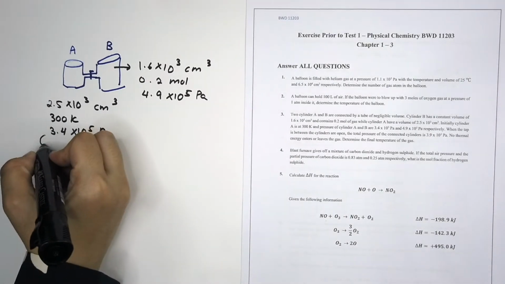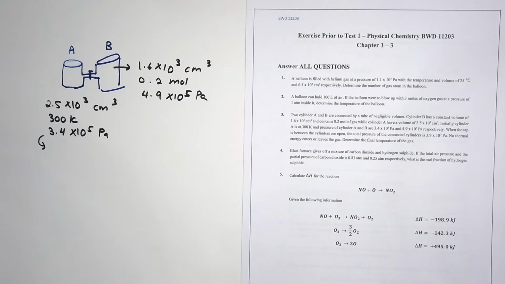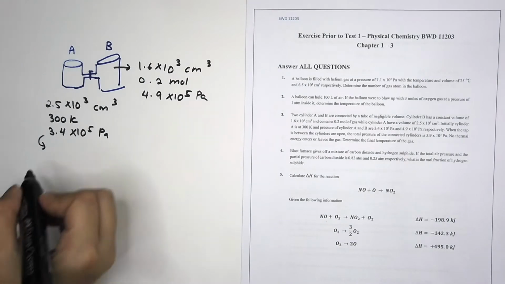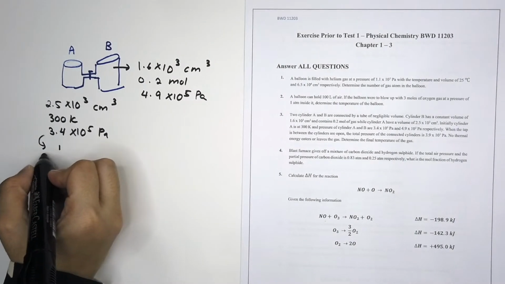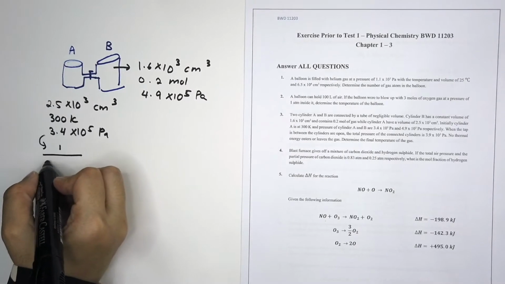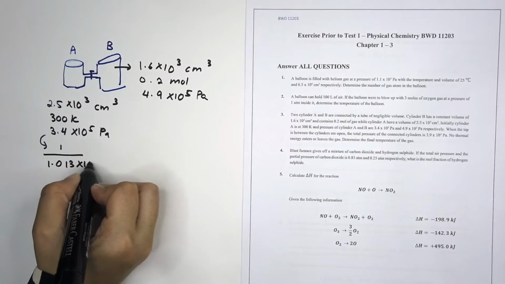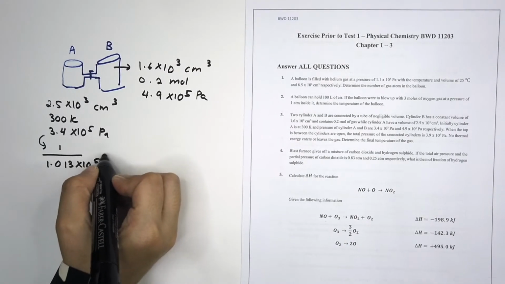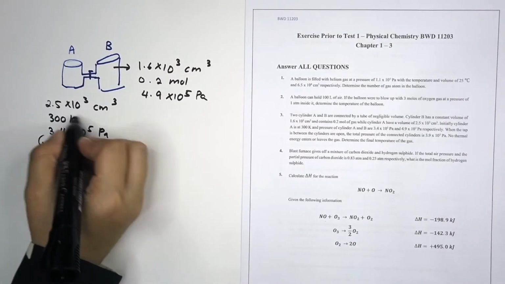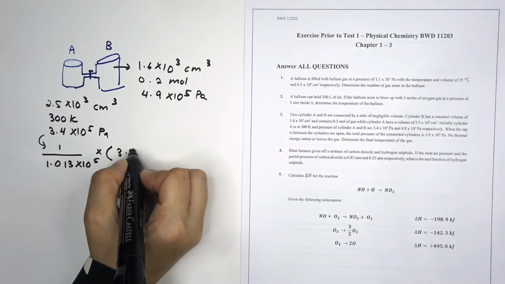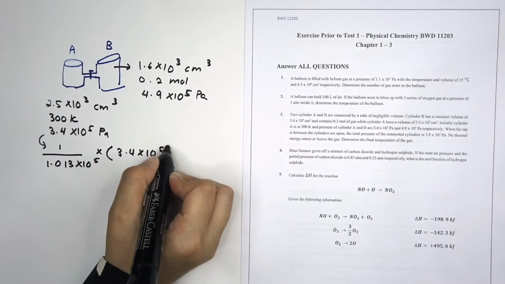You need to convert this to atm. How are you going to do that? It's going to be 1 over 1.013 times 10 to the power of 5, times this value, 3.4 times 10 to the power of 5.